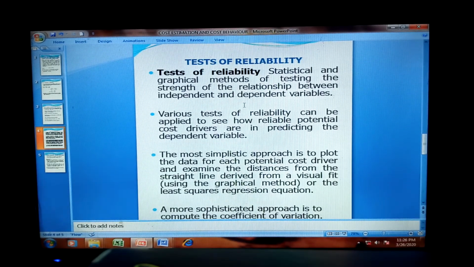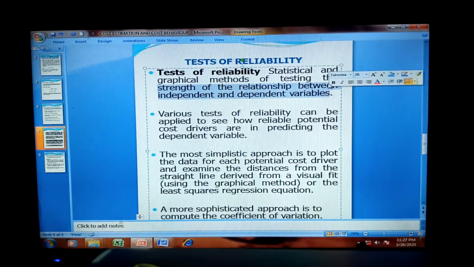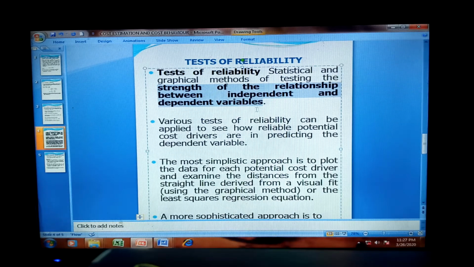When it comes to test of reliability, these are statistical and graphical methods which we can use to test the strength of the relationship between the independent and the dependent variable. That is test of reliability.